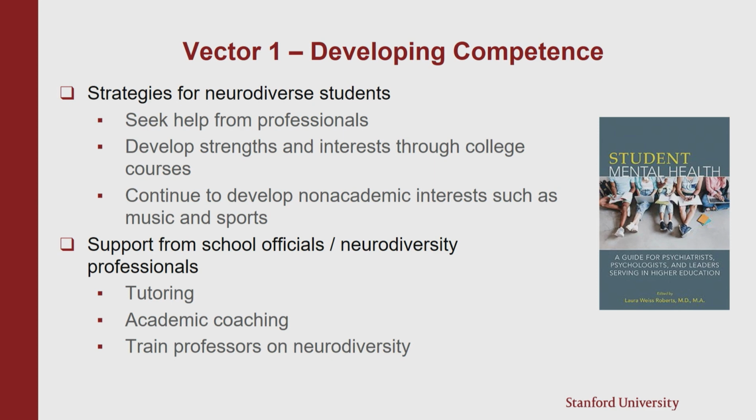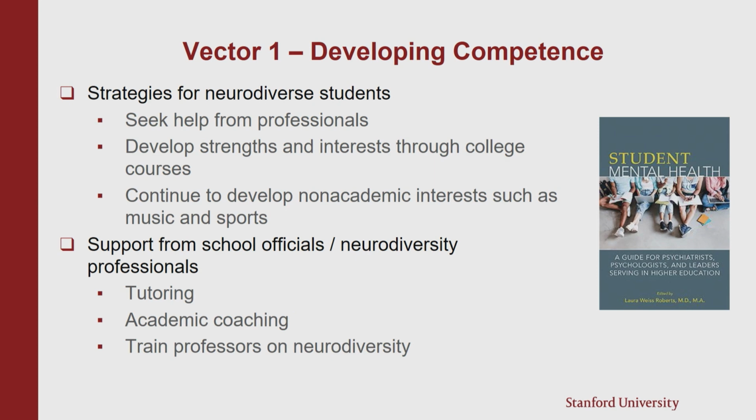I wish that's Stanford, but this book, Student Mental Health, actually, this book is coming from us. My department chair, Dr. Laura Roberts, was editor of this book, and I was privileged to write one of the chapters that talk about how we can practice the Chickering vectors of development.